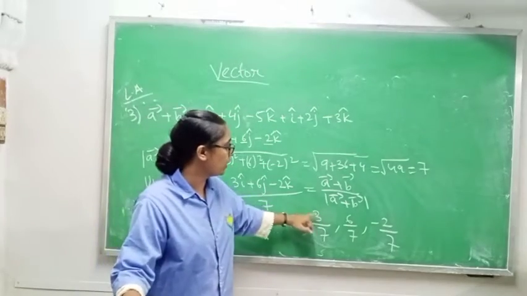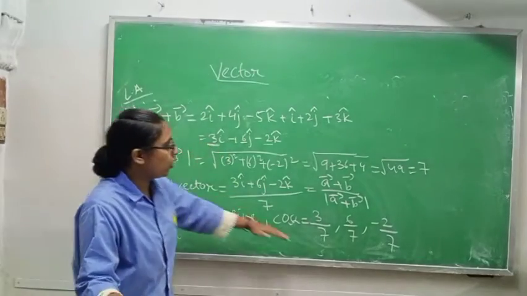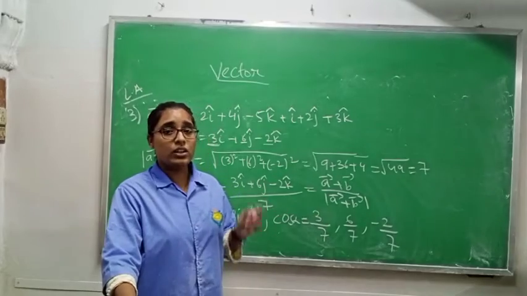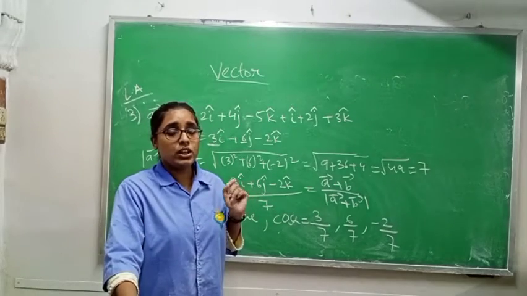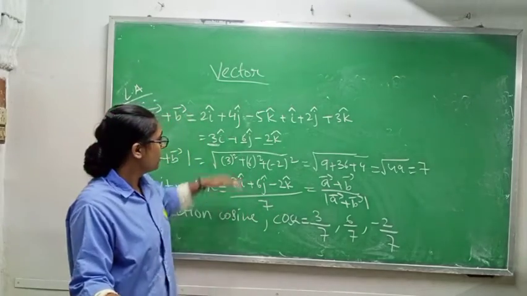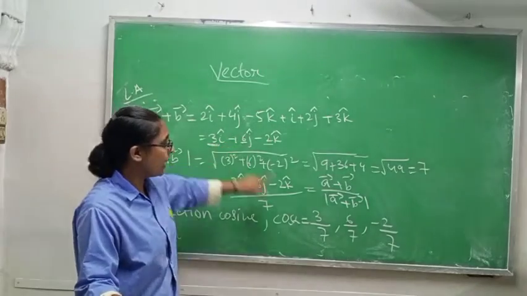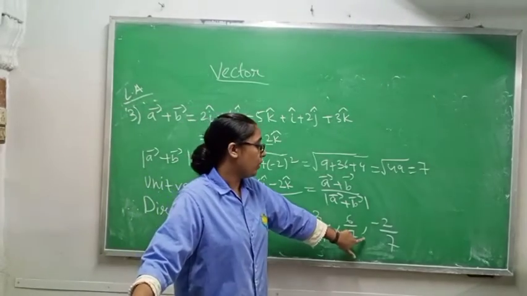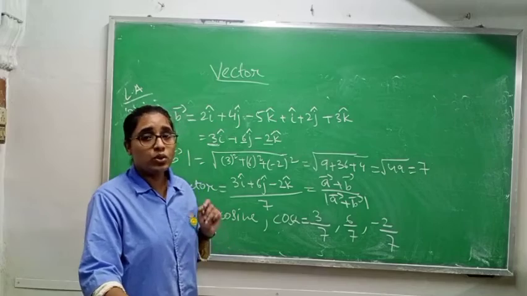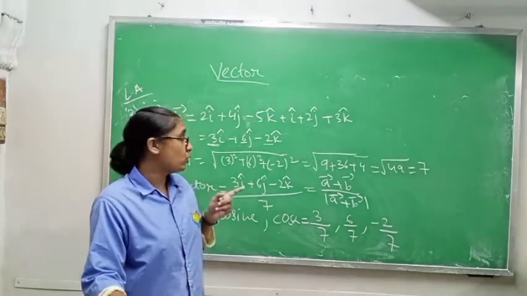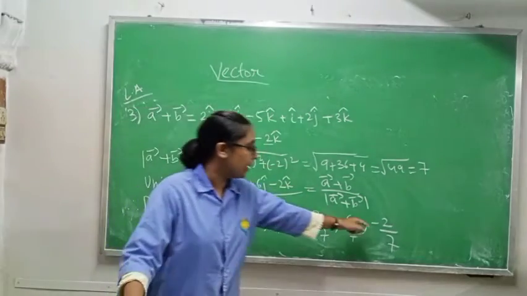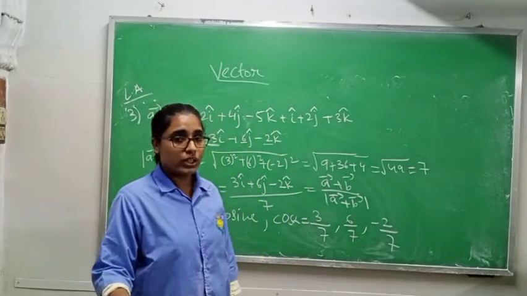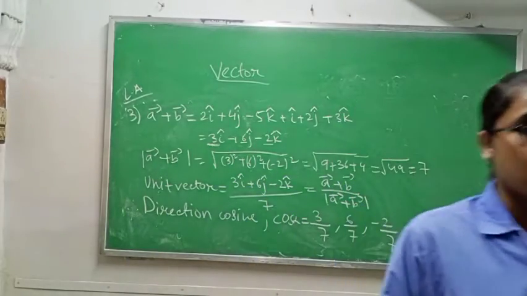So the scalar component of OX is 3 and the mod is 7. Now again, the scalar component along OY, OY is j, is 6 by mod 7, comma, the scalar component along OZ, OZ means minus 2 by mod. Okay, complete this one.